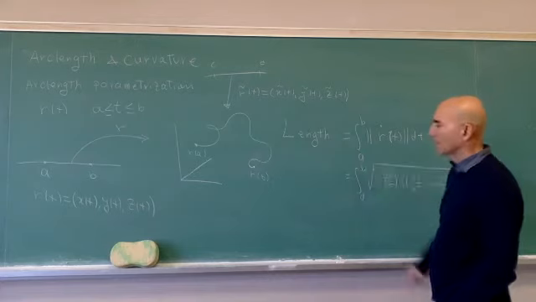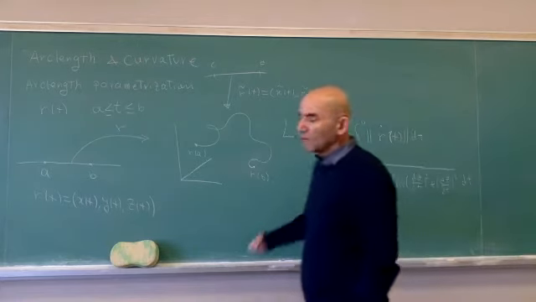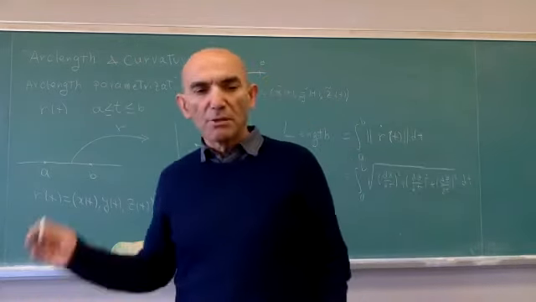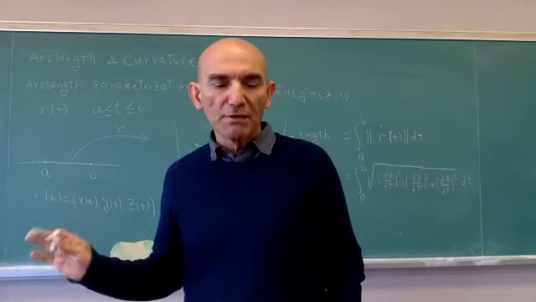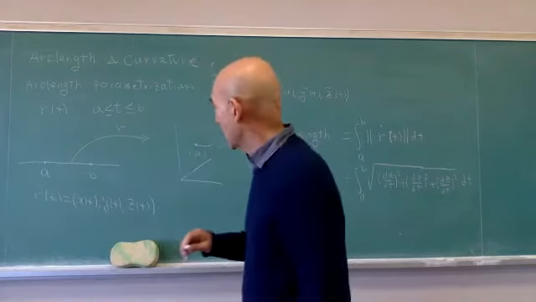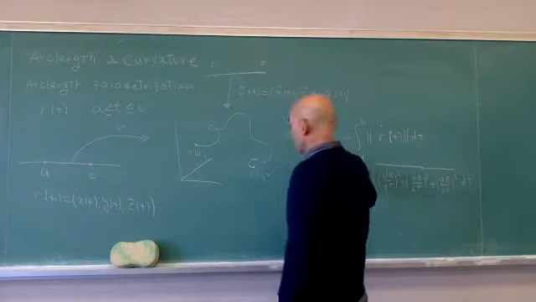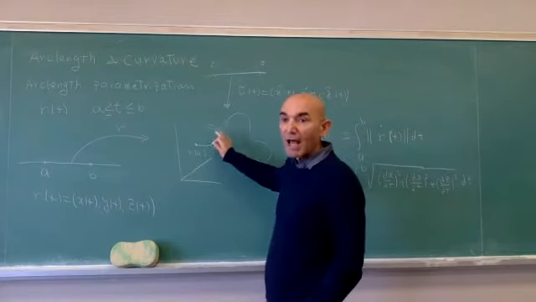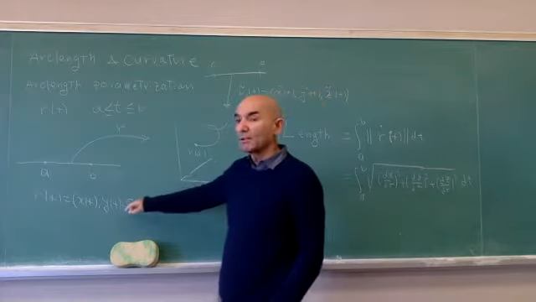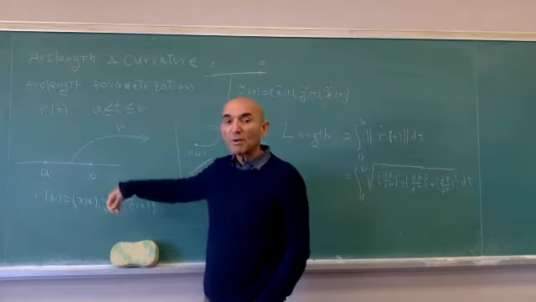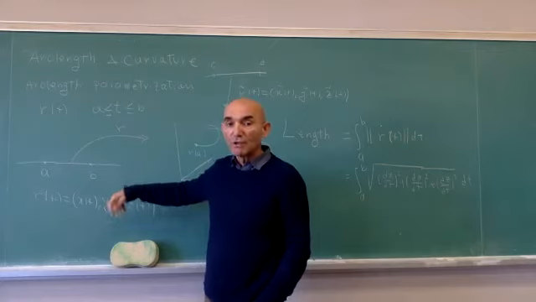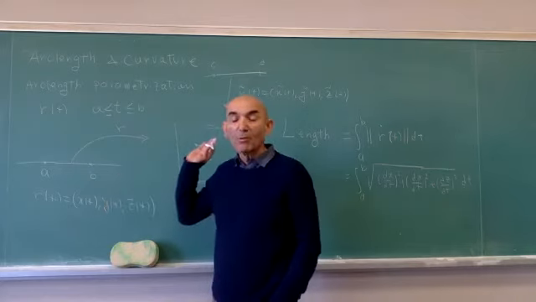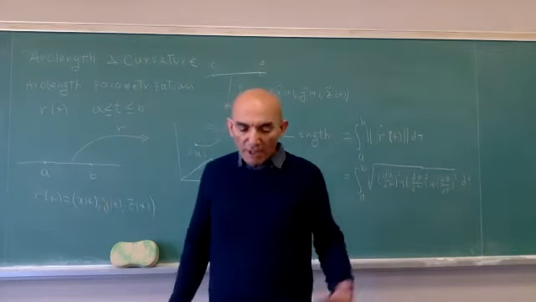But then one of the things that I emphasized maybe during the lecture, maybe I did not emphasize enough, is that this length really just depends on the curve and does not depend on parameterization. So if you change the parameterization of the curve, you will get the same number for the length. Why is that so?